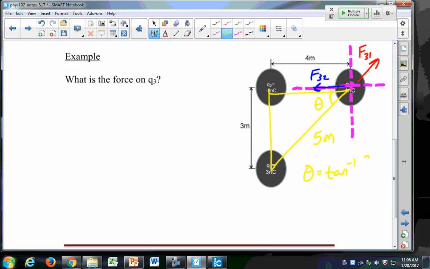Right, so it's inverse tan of 3 over 4, and that's equal to, it's 37, I think, right? It is 37. Am I right? 37? Yeah. All right, so that angle is 37. Notice that this angle is the same, because I have 2 lines that are crossing one another like this. These 2 angles, they're the same.